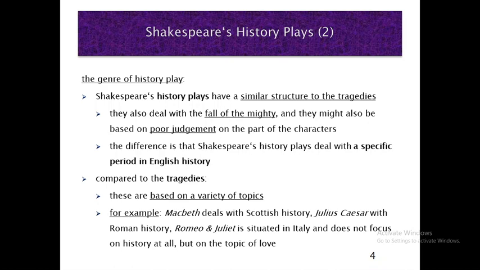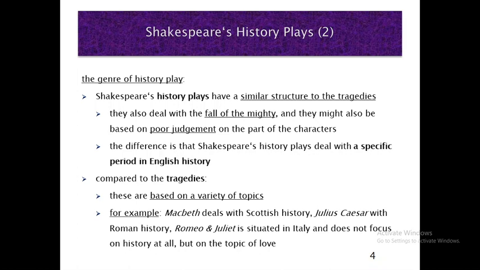So if we compare that to the tragedies, they are based on a variety of topics. For example, if we look at Macbeth, it deals with Scottish history. Julius Caesar, another tragedy by Shakespeare, deals with Roman history. Romeo and Juliet, the play that we discussed a few weeks ago, is situated in Italy, and it does not focus on history at all, but it discusses the topic of love.